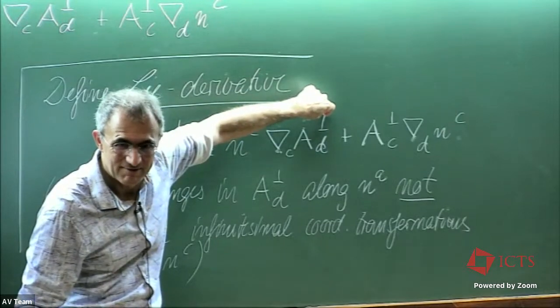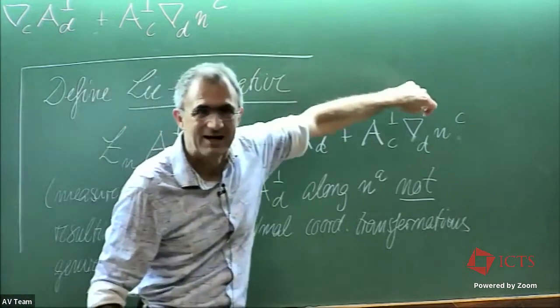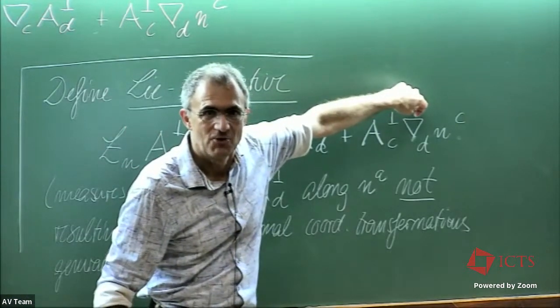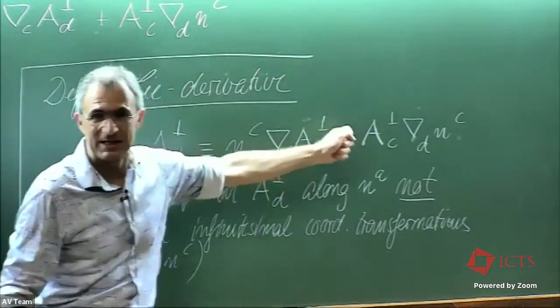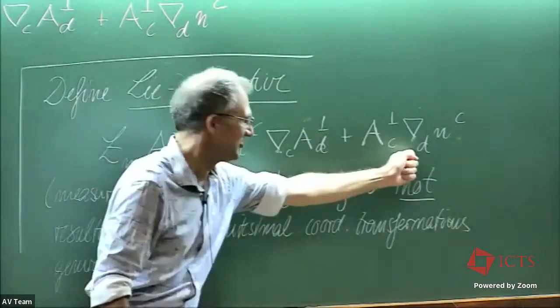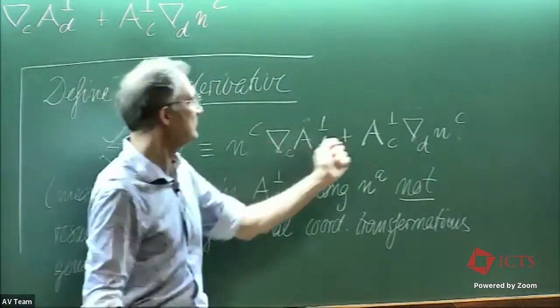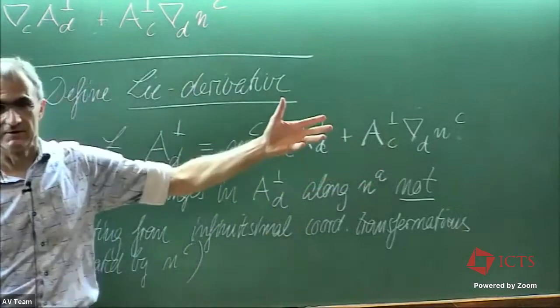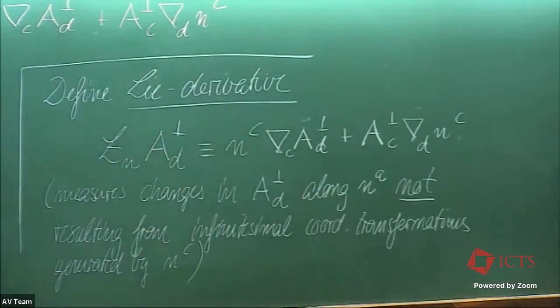Remarkably, the Christoffel symbols will all cancel out exactly. So you don't need the Christoffel symbols to evaluate this. You can write these covariant derivatives in terms of any connection that you like. We could also replace them with partial derivatives and get the exact same result. That's one of the things that you'll play with.